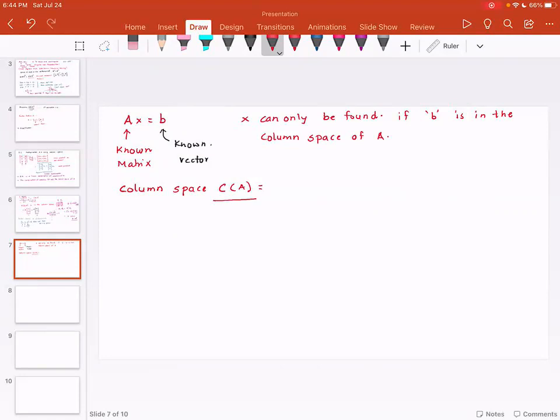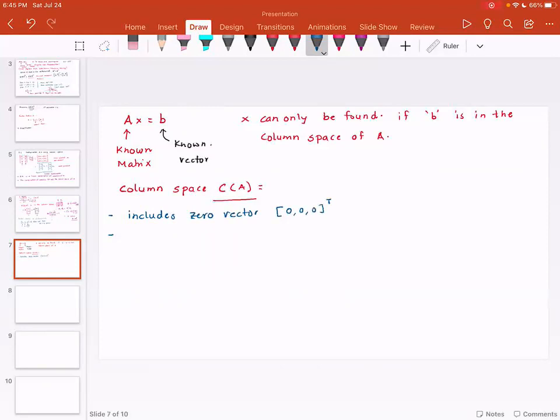And I just want to mention a couple of properties of the column spaces. So the column space would include the zero vector, which is 0, 0, 0 transpose.